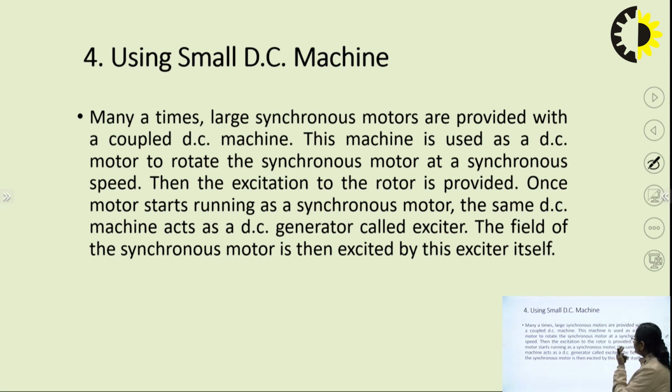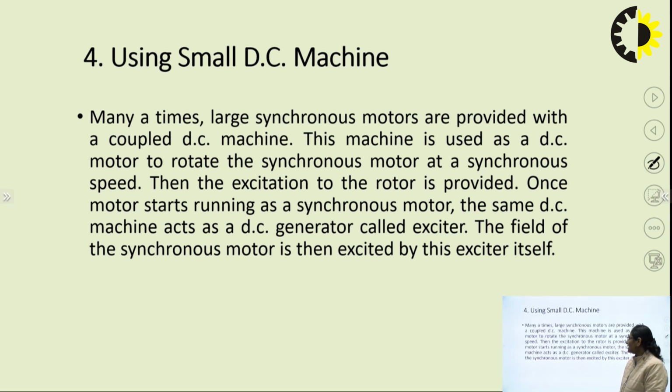Another method is using a small DC machine. Many a times we know the large synchronous motors are provided with a coupled DC machine. This DC machine is used as a motor to rotate the synchronous motor at synchronous speed, and then excitation to the rotor is switched on.